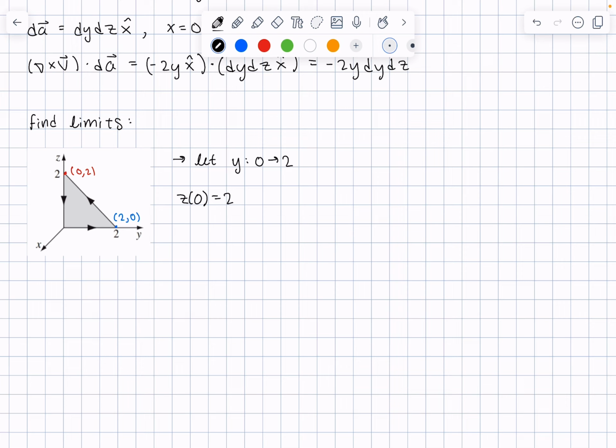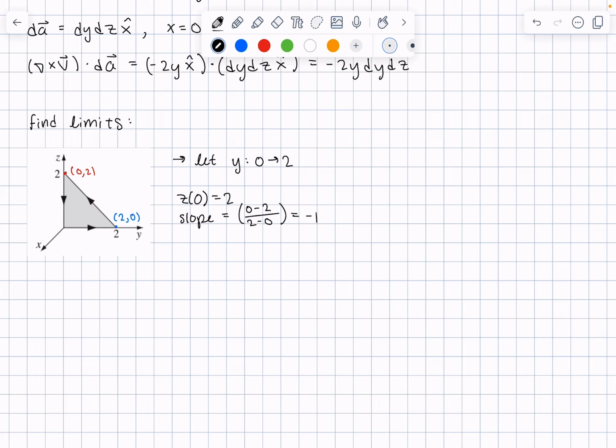So that will be negative. It'll be y2 minus y1 over x2 minus x1, so where y2 is 0 minus 2 over 2 minus 0, so we will be getting negative 1 as our slope.